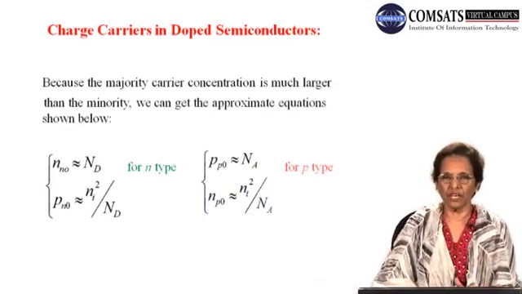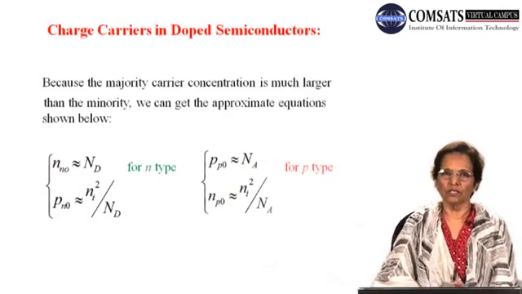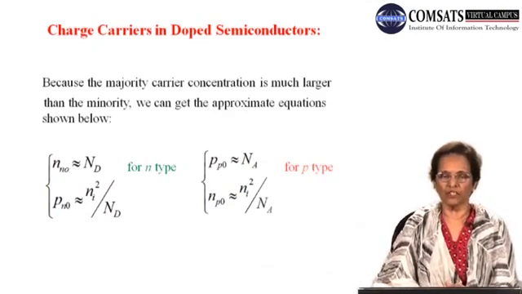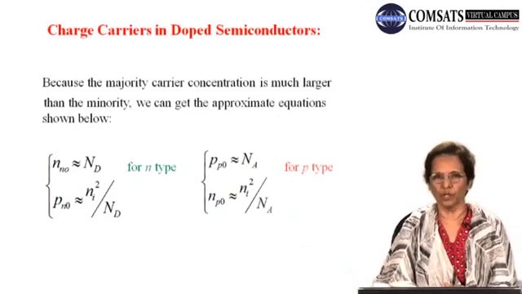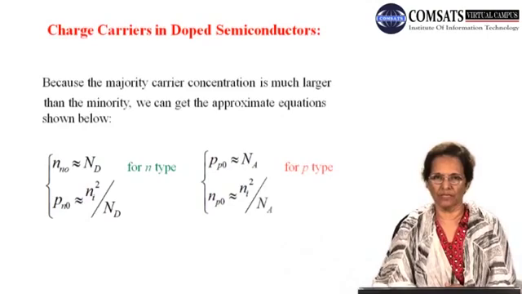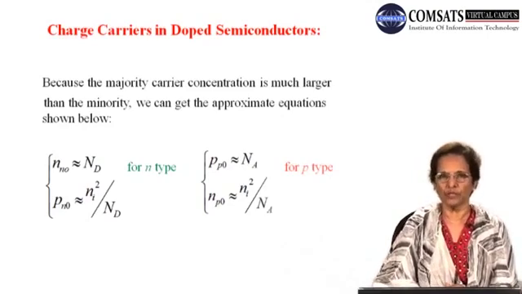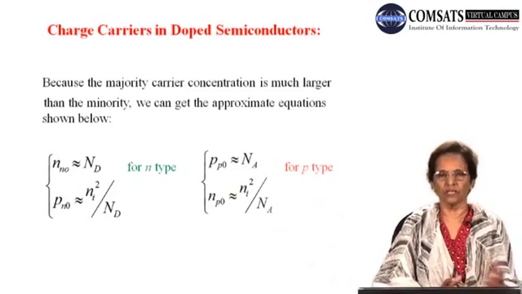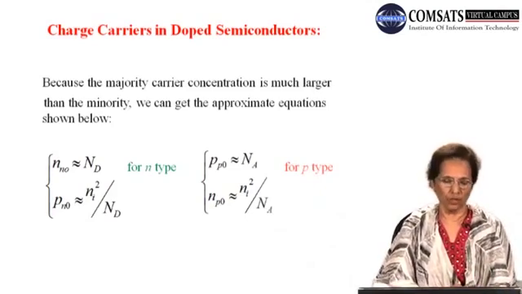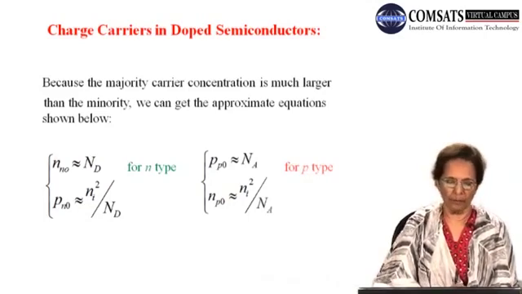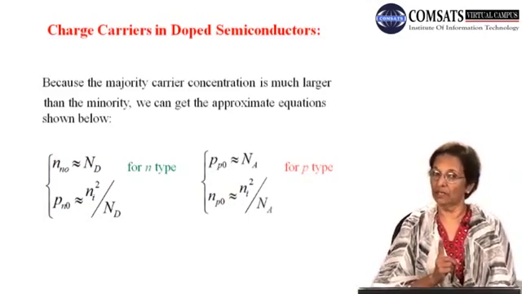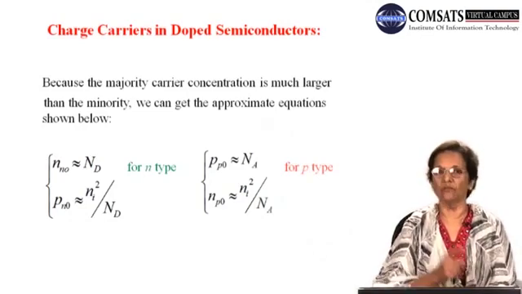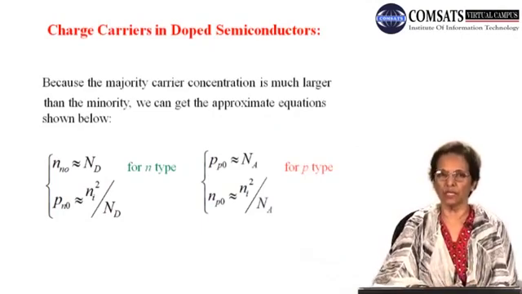So in an n-type material, or the material in which a dopant has been added from the fifth group of the periodic table, the electrons will be termed as majority charge carriers, and thus holes will be termed as minority charge carriers. Thus you appreciate the terminology n_n0 and p_n0, yet the product of both of them must be equal to n_i squared, which is the requirement of thermal equilibrium.